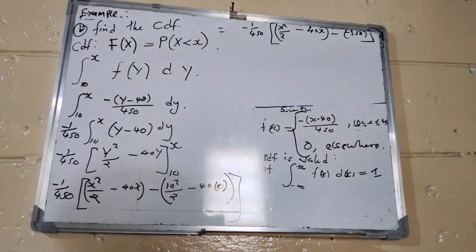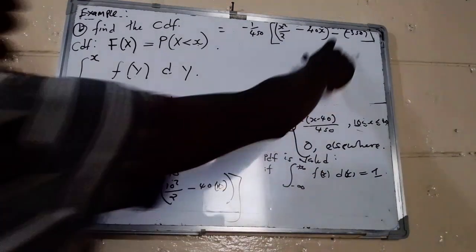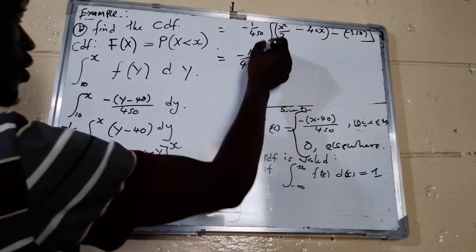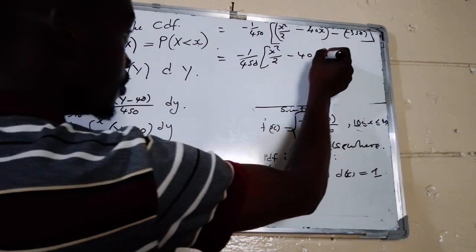So this negative and this negative will be positive. I'm going to have 1 over 450, open bracket, x squared over 2 minus 40x plus 350.